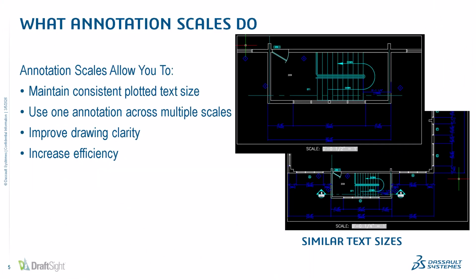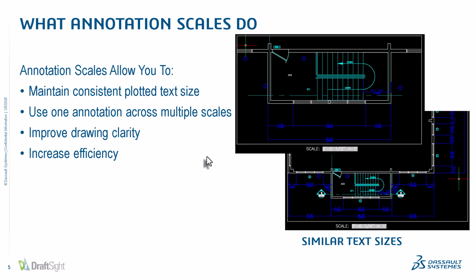So what do annotation scales actually do? They ensure that the annotations, such as text and dimensions, appear at consistent sizes when plotted, regardless of the viewport scale. So you go in, and there's a little checkbox for the object that you want.